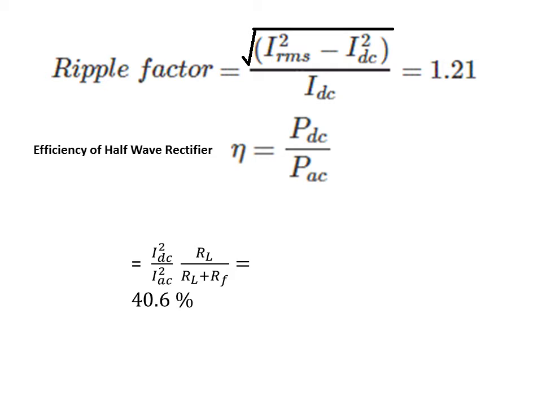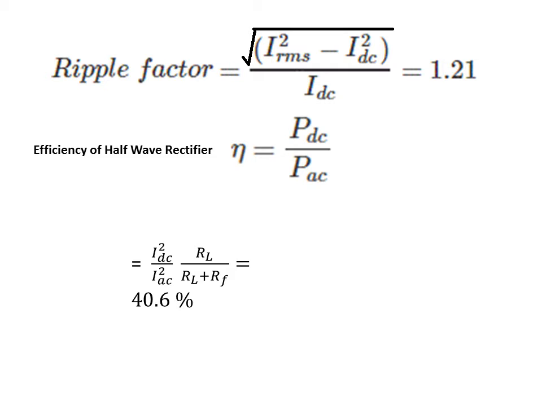And this is what you're going to get. You substitute the value of pi like 3.14, and you use the value of 2, and then all the Ims will get cancelled, and you'll get the ripple factor equal to 1.21. But the ripple factor is actually the ratio of the AC and DC components present in the output of the rectifier.